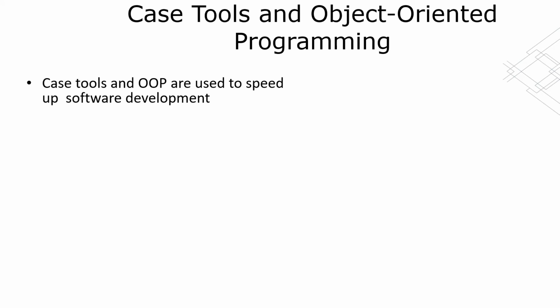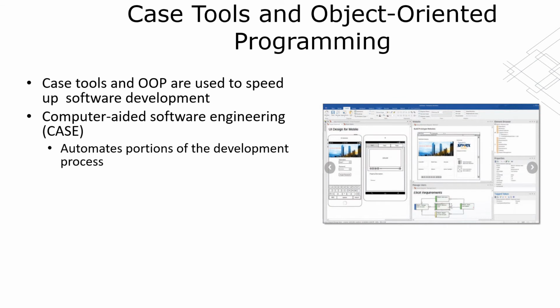Software development takes a lot of time. So CASE tools and object-oriented programming are used to speed up software development. CASE tool, or computer-aided software engineering, automates portion of development process, such as specification and the design.